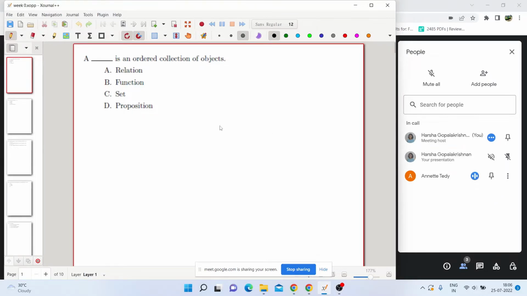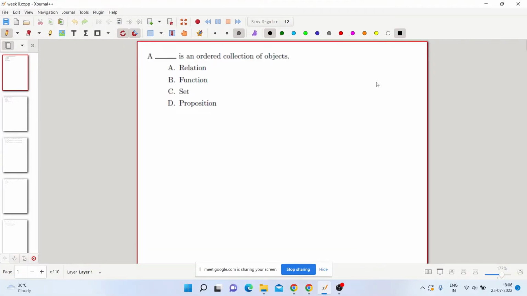Yes, but not in full screen mode. Are you able to see the screen? Yes, but not in full screen mode. Yeah. Okay. Is that fine now? Yes. Thank you.